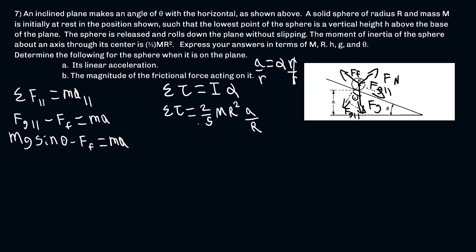What is actually causing this object to rotate is the force of friction. Without the force of friction, this object is not going to rotate; it's just going to slip down the inclined plane. So that's the only force creating this torque. So for the sum of all torques, I have the force of friction times this big R here.